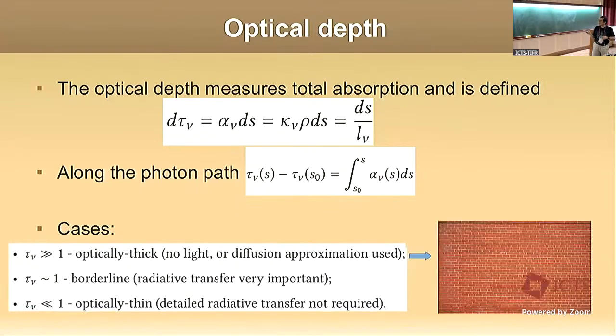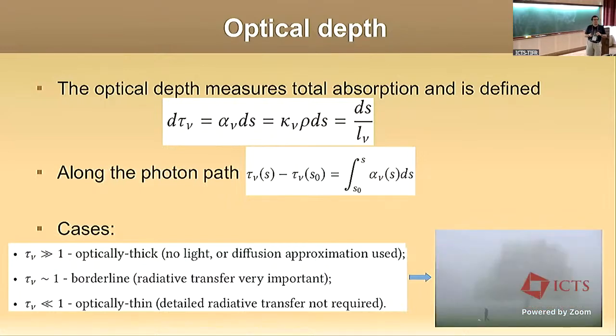Optically thick is illustrated here like a brick wall. Nothing passes through. If I try to look through the wall, obviously I don't see much because photons don't go through. Then borderline will be more like this. Maybe not very typical for India, but sometimes if there is smoke or something.